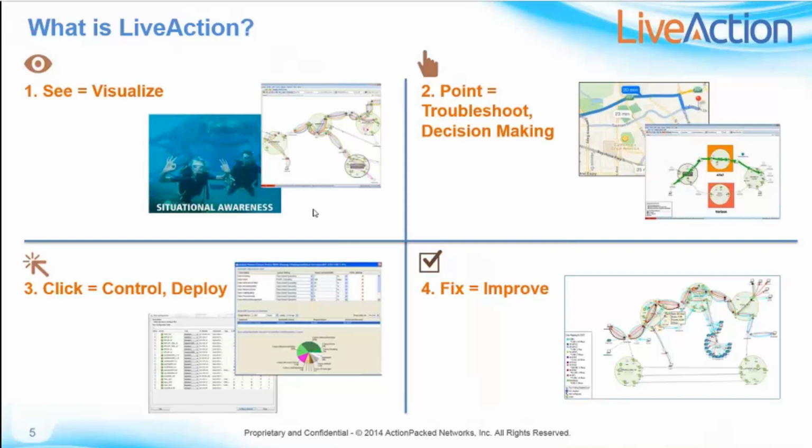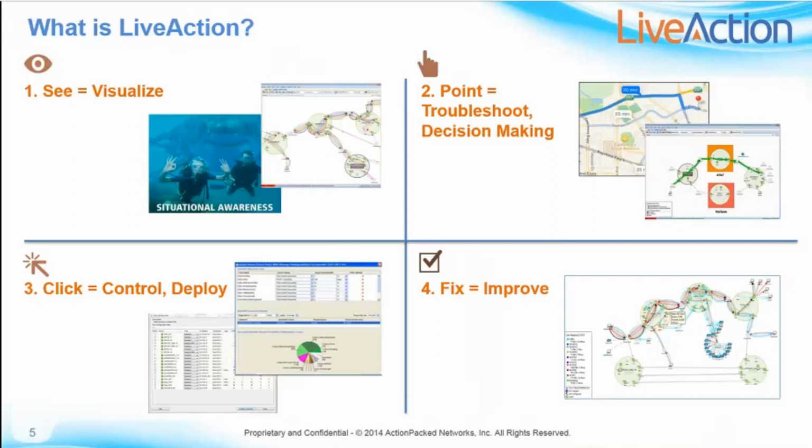We color code and indicate and allow you to follow conversations through the network, and then pinpoint where bottlenecks may occur due to problems in the network, from queue drops to class drops to congestion, to be able to look at it from a flow, QoS, routing, LAN, and WAN perspective to help you make the right decisions. And then also we can control and deploy the technologies, which is very unique in tools today.